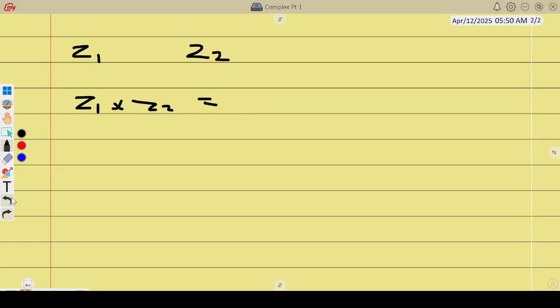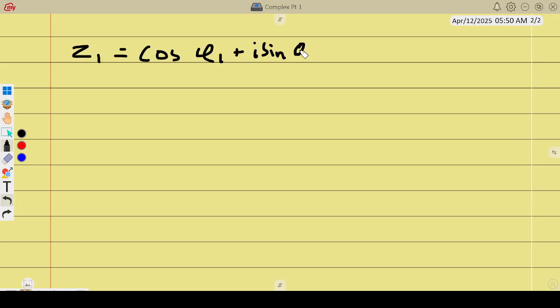Let me write this in full. We use more of trig ratios, so z1 is r1 times cos theta 1 plus I sine theta 1. Obviously z2 will just be the same but with 2.